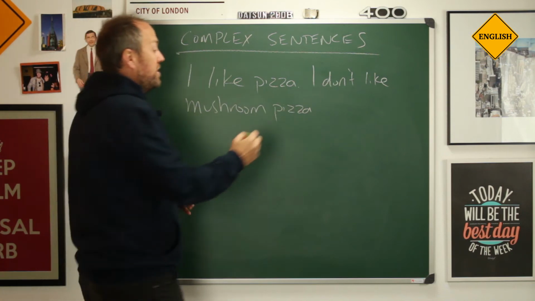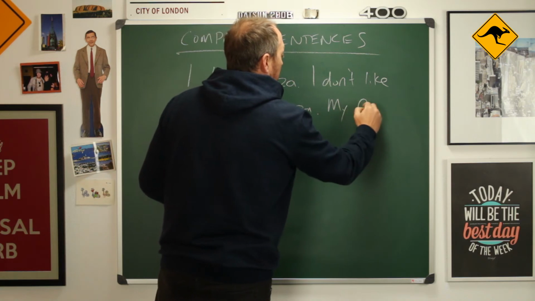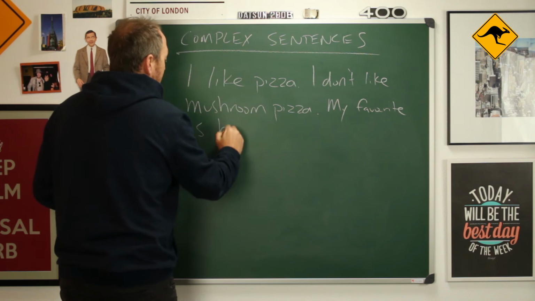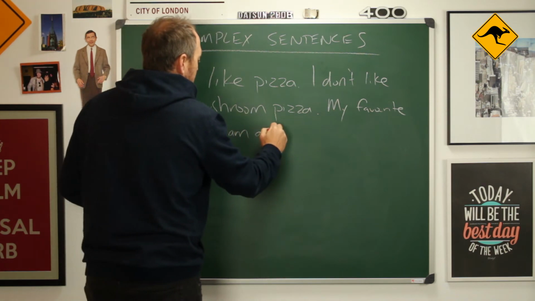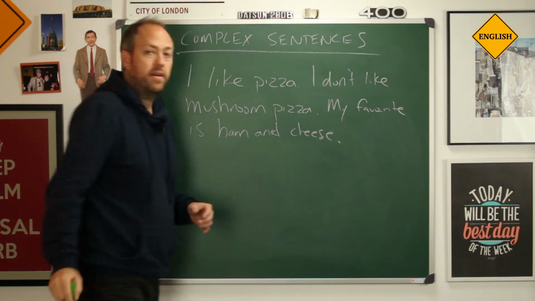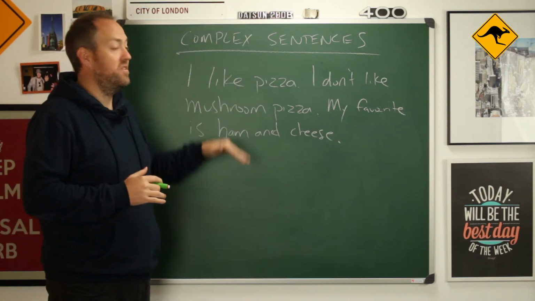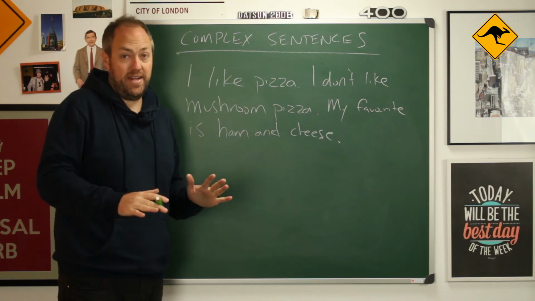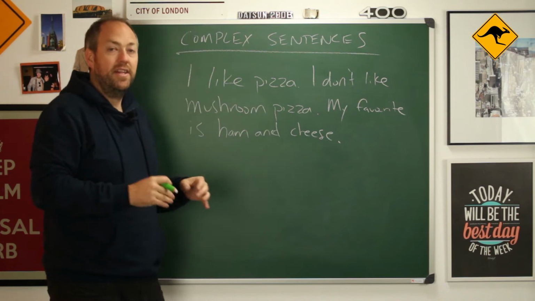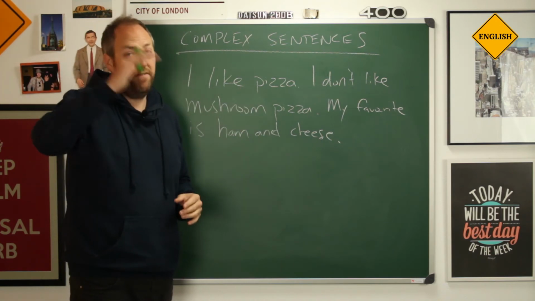And then the third simple sentence is my favorite is ham and cheese. Okay, so here we have 3 simple sentences. Now this is like a level 4 type of writing where we have very simple sentences spread out. You know, a native speaker would never talk like this, a level 9 or a level 8.